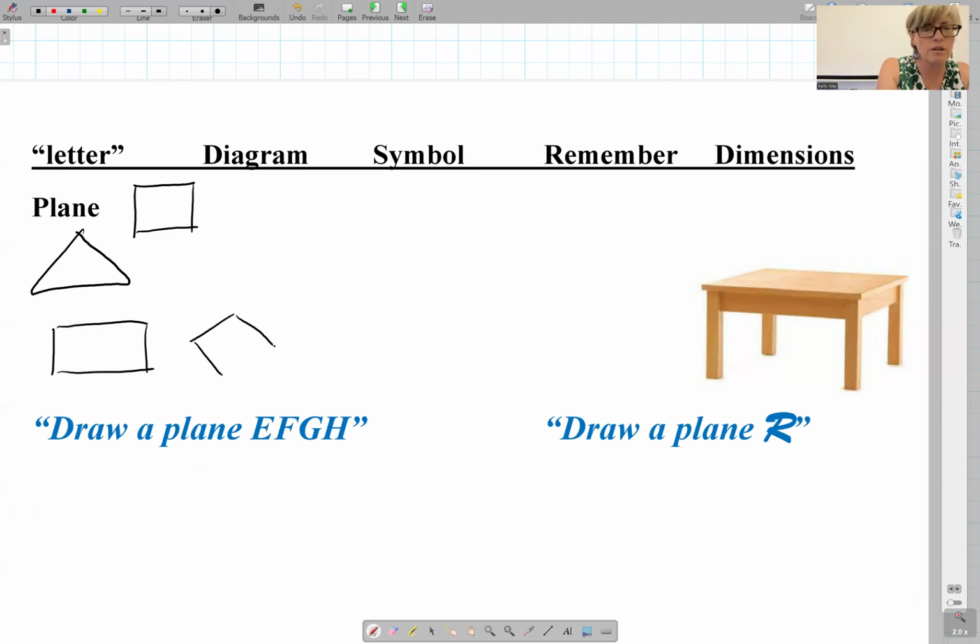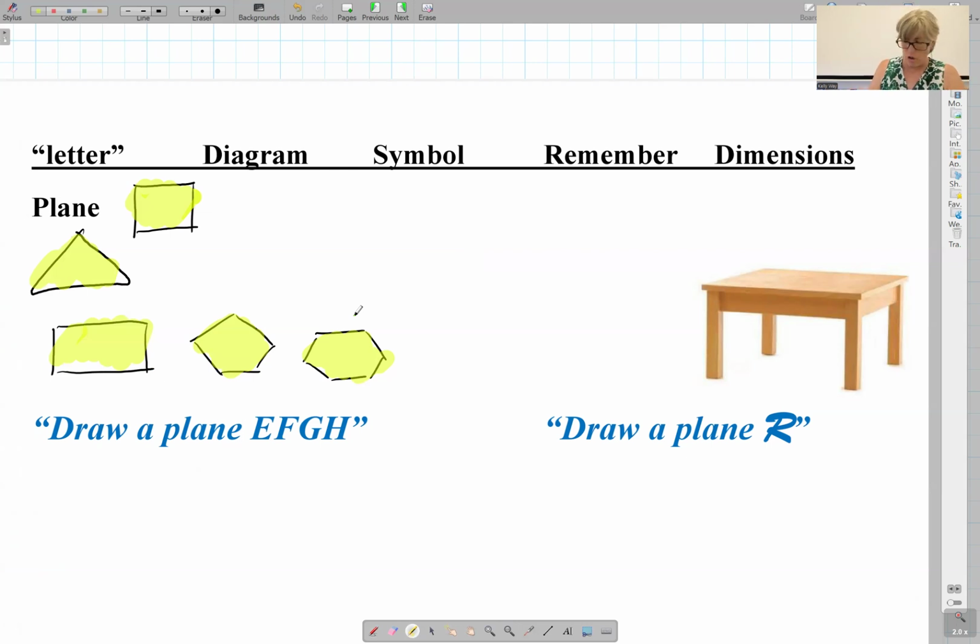A pentagon is a plane. A hexagon is a plane. Anything that could conceivably have area, you could shade it. All of these are planes. Every single one of them. Anything that has area is a plane.